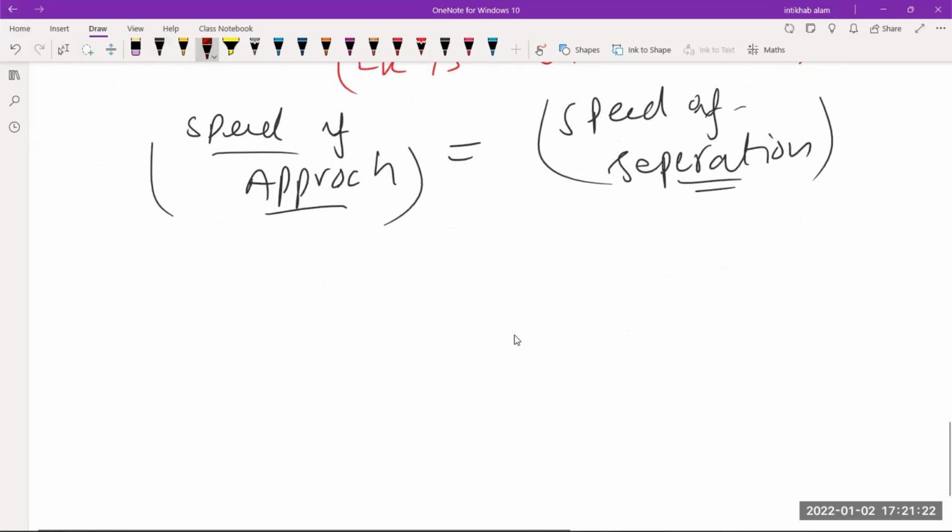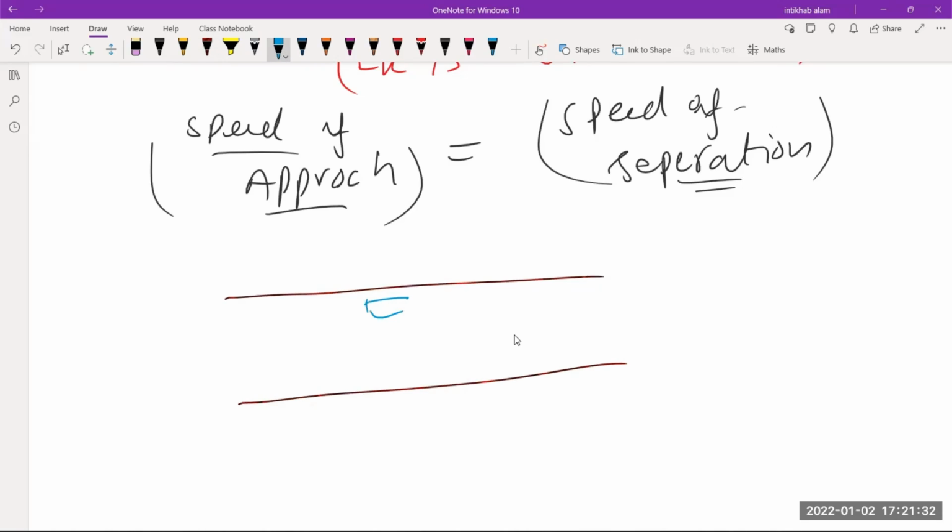It comes when you just talk about two vehicles moving on the road. If you are on a highway and your vehicle is running with a speed of, for example, 100 kilometers per hour, and there is another vehicle coming from behind traveling at 120 kilometers per hour, when it crosses you, you cannot say that the speed of this vehicle is 120 kilometers because you are also at 100 kilometers per hour.